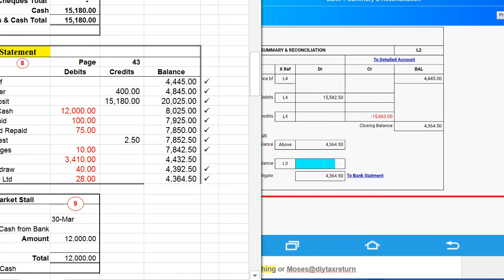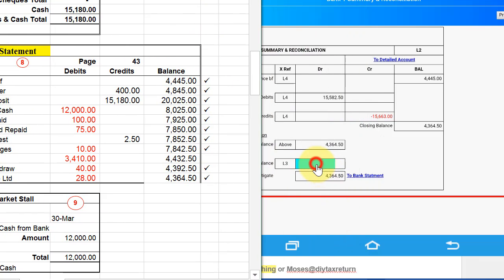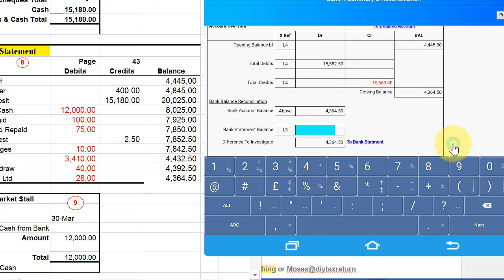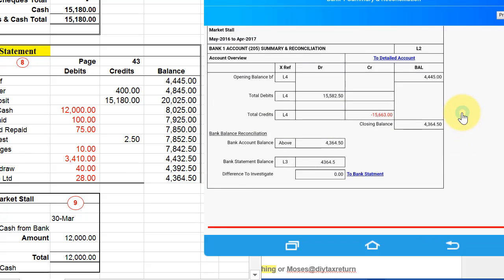And if we are satisfied that it agrees with that, then we type it in there. So after we type it in there, we should have a zero difference to investigate. So that is 4364.5. Oh, yes, and our difference is 0. Excellent. That report is now ready for printing.